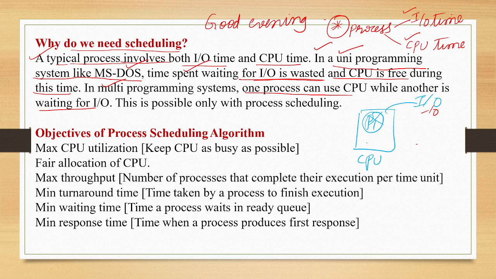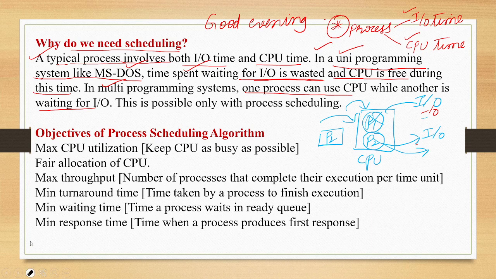Now we can allocate the CPU to process P2, which is waiting here. Whenever process P2 requests IO or is terminated, another process, P1 or any other process, can occupy the CPU. That means we are not keeping our CPU idle. The CPU is always busy executing processes. This is called multi-programming.